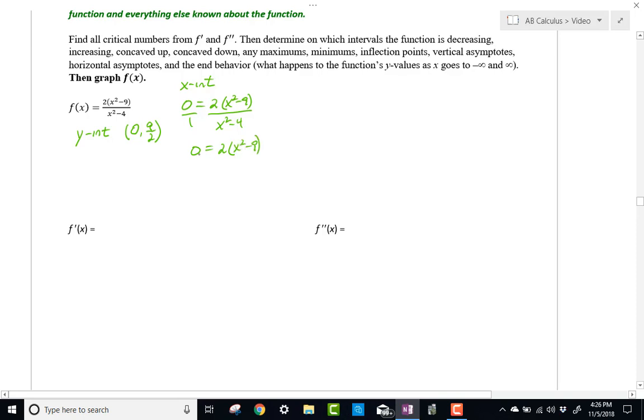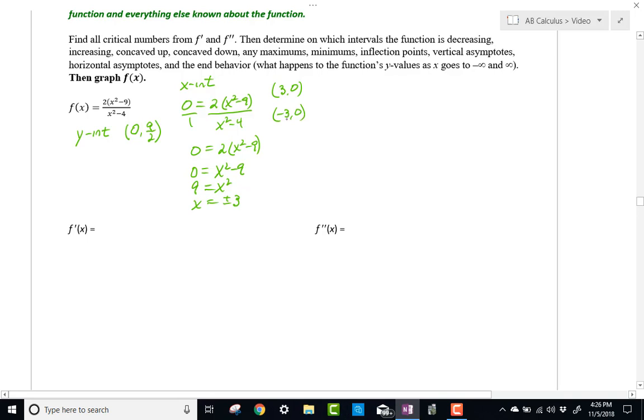I'll go ahead and divide by 2 on both sides, so that's going to give me 0 equals x squared minus 9. Add 9 to both sides, x squared equals 9, so x is equal to plus and minus 3. So I'm going to have 2 x-intercepts, one at 3, 0, and one at negative 3, 0.